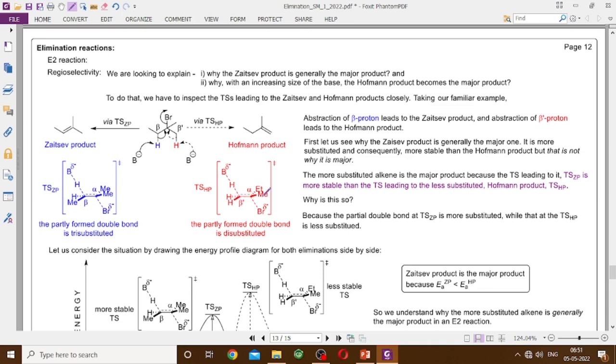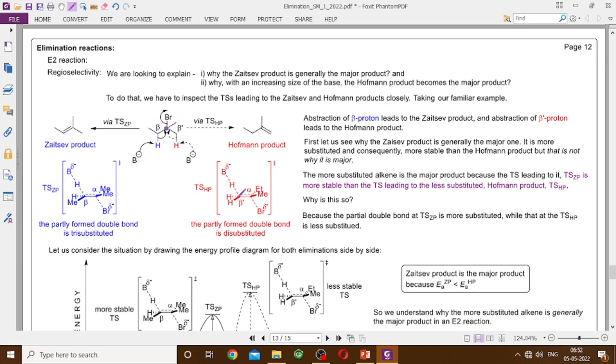What do we have here? We have 1 ethyl group here. Abstraction of this beta hydrogen, this red beta hydrogen, we will have on the alpha carbon an ethyl and a methyl group.